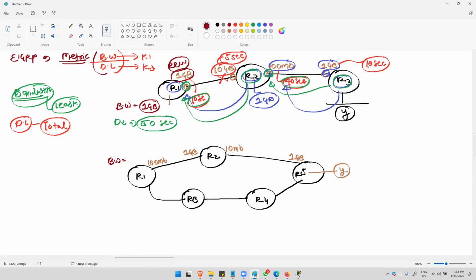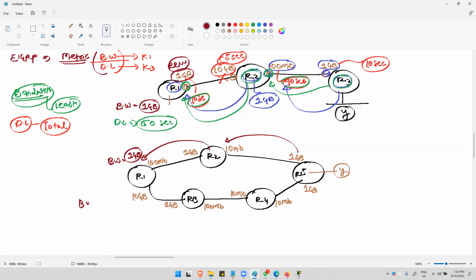Bandwidth is 1 GB, it will use 1 GB? No. If I say this side 10 GB, 1 GB, 100 MB, 10 MB, 10 MB, 1 GB, from my side, which bandwidth are we using?